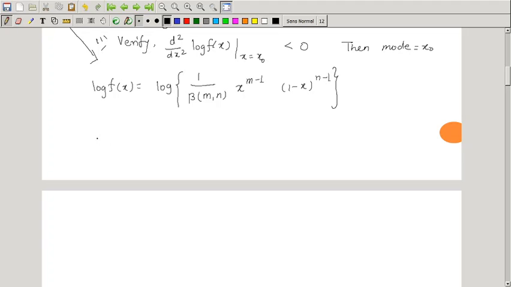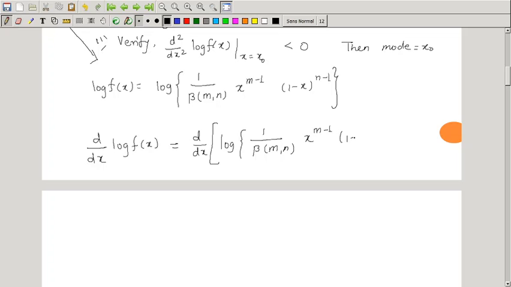Now after differentiating this equation with respect to x, we get d dx log of f of x, which is equal to d dx log of 1 upon beta mn x raised to m minus 1, 1 minus x raised to n minus 1.